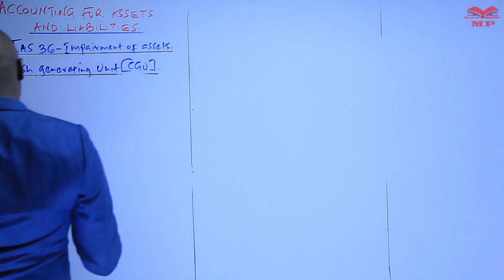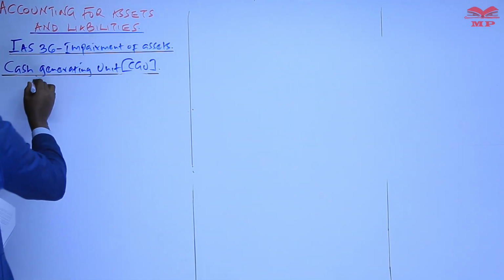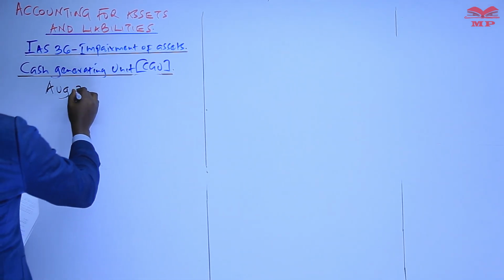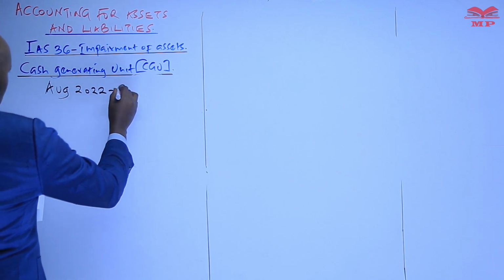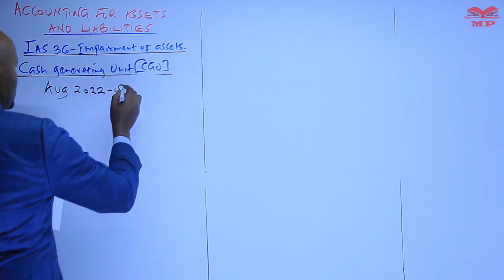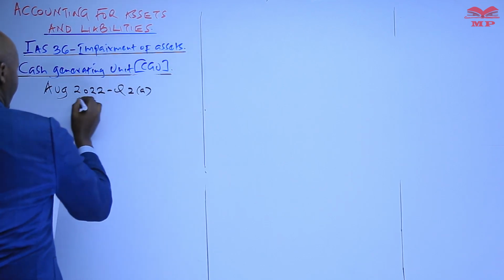This is a question for August 2022, Question number 2A. The question is, B Limited operates a factory as its sole cash generating unit.